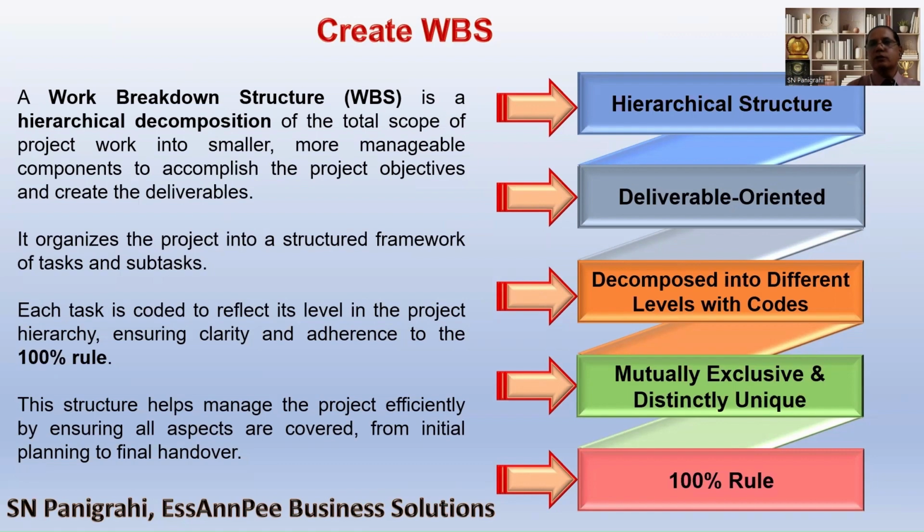The 100% rule means no less, no more. It has to be exactly as per the scope statement only. A lesser amount of work or more work is not allowed. It is the 100% rule we have to follow. Okay, no less, no more.